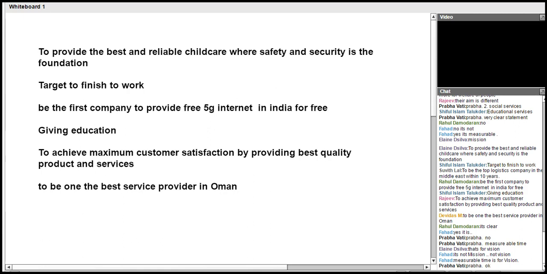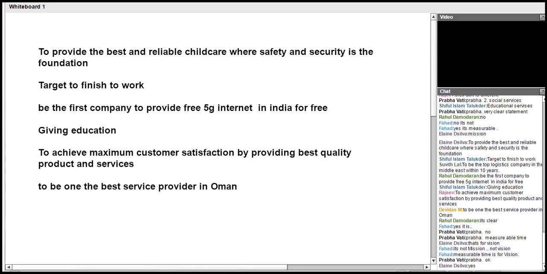So we're already talking, this is a mission statement that has value attached to it. Now we're providing the best child care services. You're supposed to add child care services. That is the mission. Your mission is to provide the best and reliable child care services.